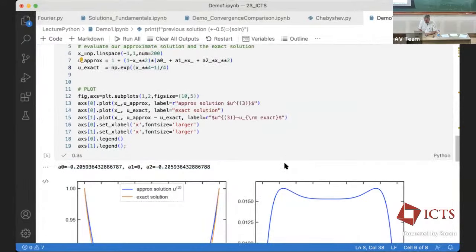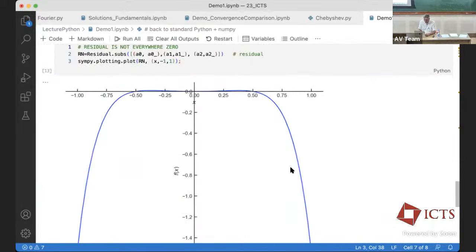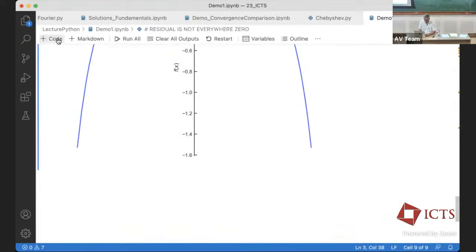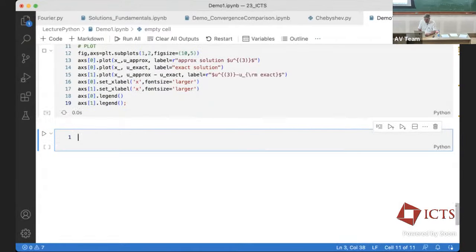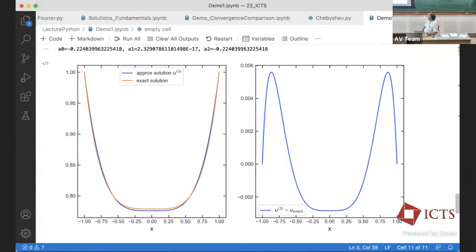Now let's see. This one I'll just do anew because I don't want to overwrite these. I should have done everything anew. So here's the solution with 0.7. And as you can see, it works a lot better. The left side visibly is better.